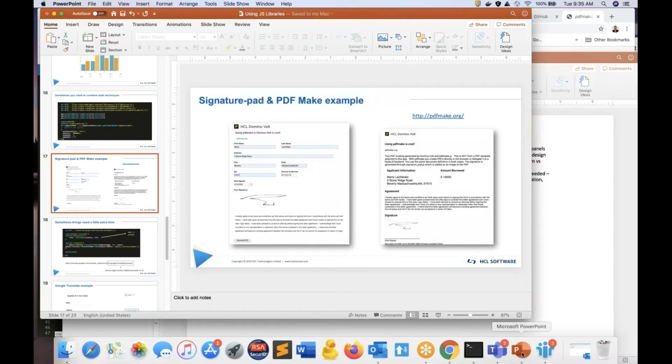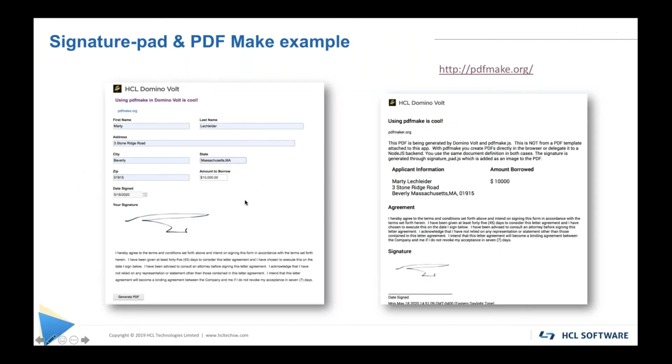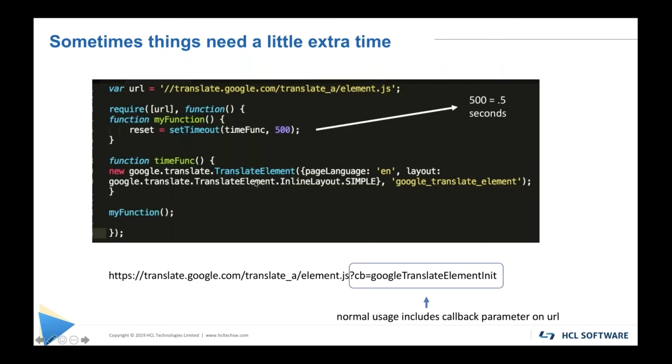All right, so let's move on. This is such fun stuff. Sometimes it's a little bit of art plus science. I found in some cases, I'll use require, I'll use the app load script sort of approach that I showed you.